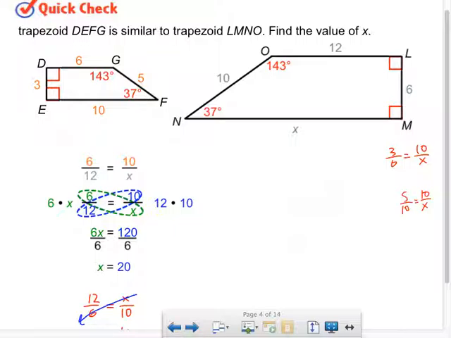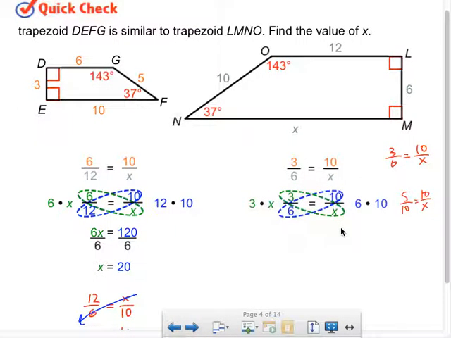Let me go over this last one. The one I did is similar to Kimberly's. So here we go. Cross product. So 3 times x, 6 times 10, we see that 3x equals 60. We solve by dividing both sides by 3, and we get the same answer back, x equals 20.